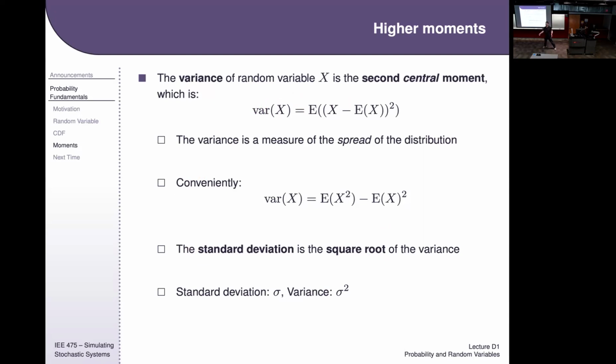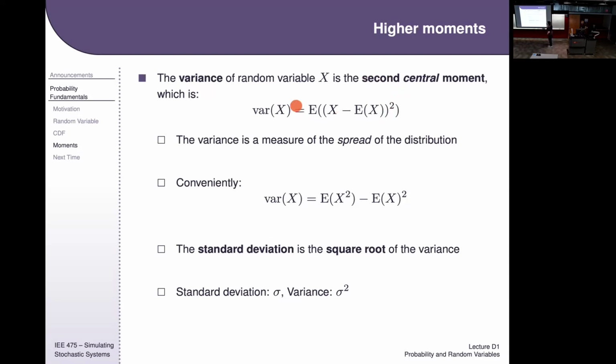Because you shifted them, some of those values are going to be negative and some are going to be positive. By squaring it, this new random variable is all positive. And the mean of that new random variable is a metric of the variance in your original random variable. That's where that comes from.